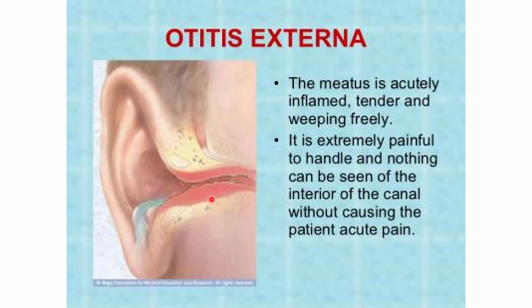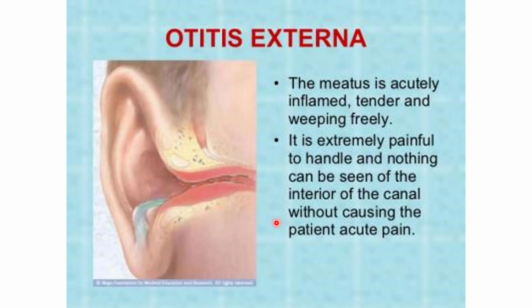So there are some clinical things, like if there is an infection of the external auditory canal, that is called otitis externa. Sometimes you must have seen a tender, weeping meatus, which means there is inflammation of the skin lining the external auditory canal.